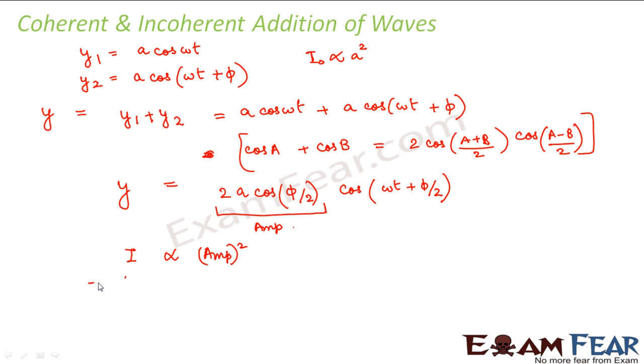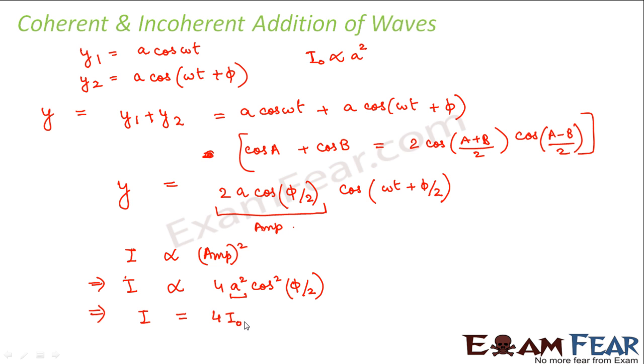So intensity is directly proportional to 4a square cos square phi by 2. So I is equal to, what is a square? a square is nothing but I naught. So I equals 4 I naught cos square phi by 2.